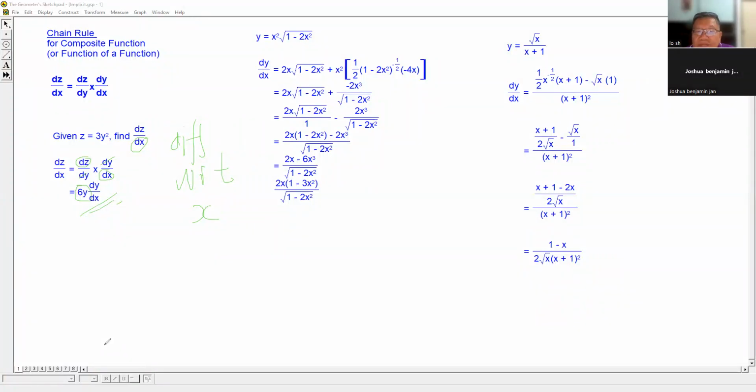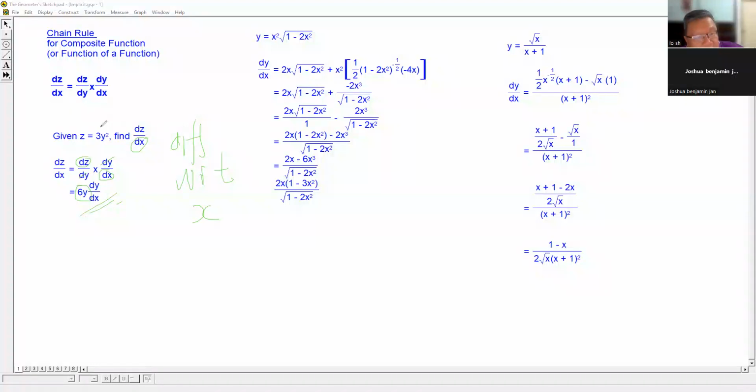Okay or not? If okay, then I repeat so that you can remember the process. I tell you the shortcut, right? Now this equation involves z and y, but I want you to differentiate with respect to x.